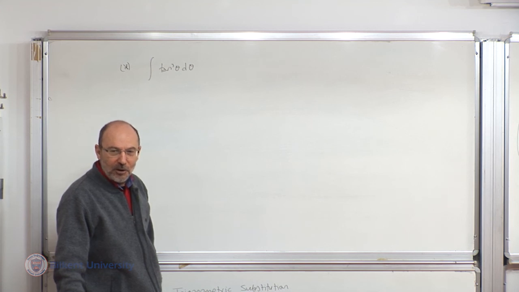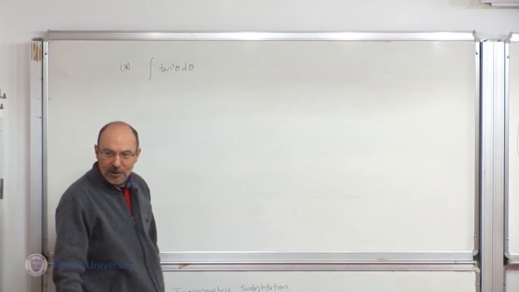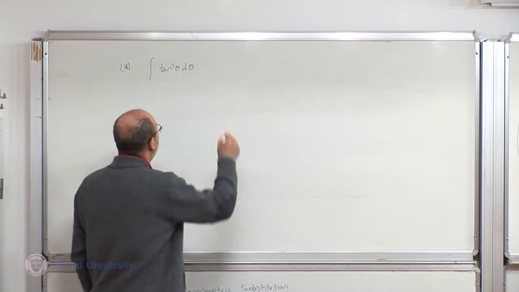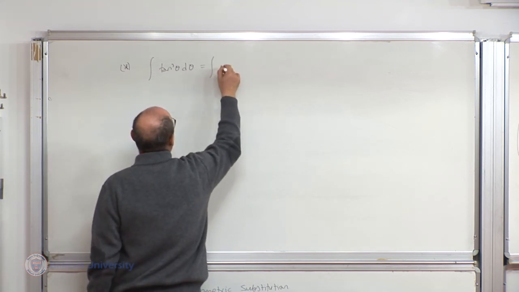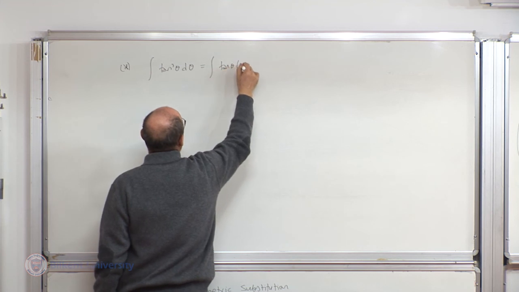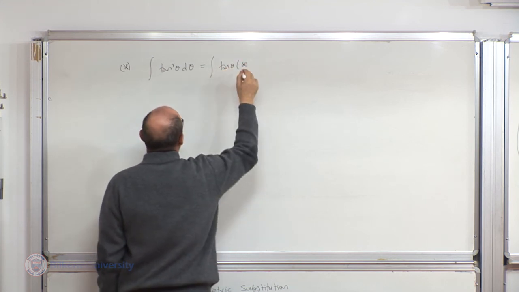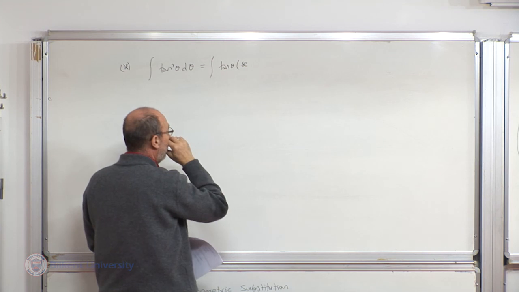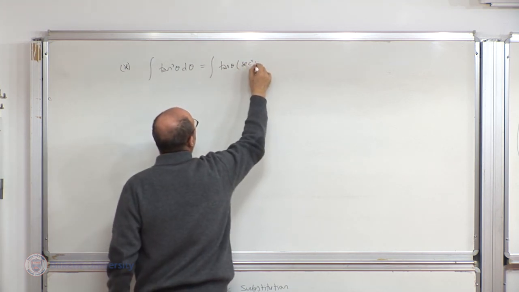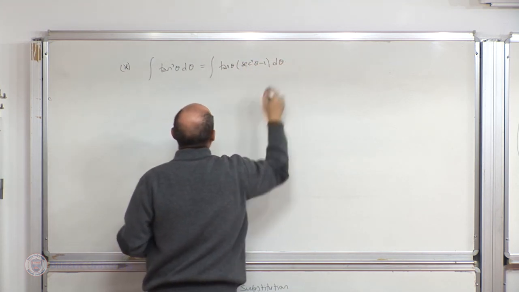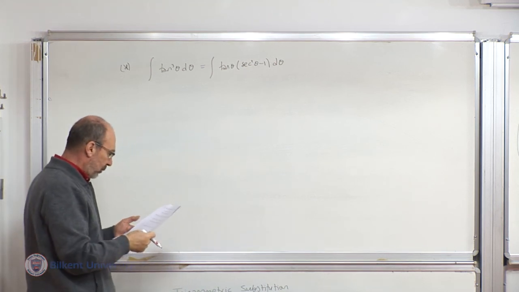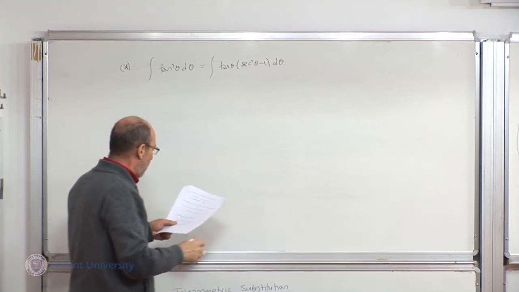Let's use trigonometric identities here. We know tangent square is equal to secant square minus 1, right? So let us write that. Tangent theta times secant square theta minus 1 d theta. So what happens?